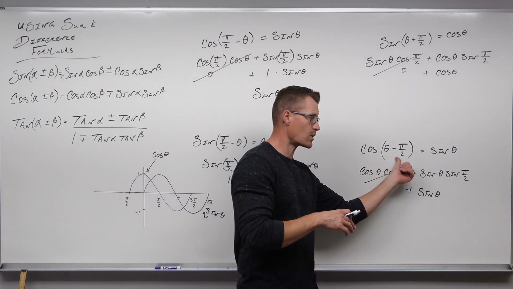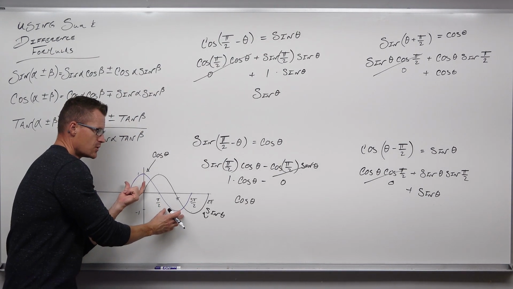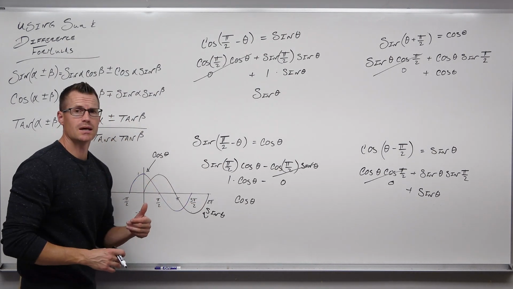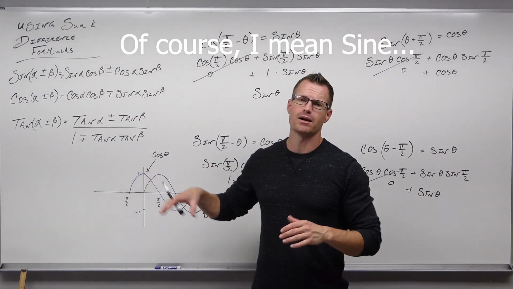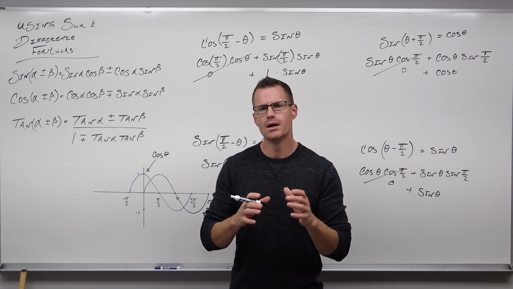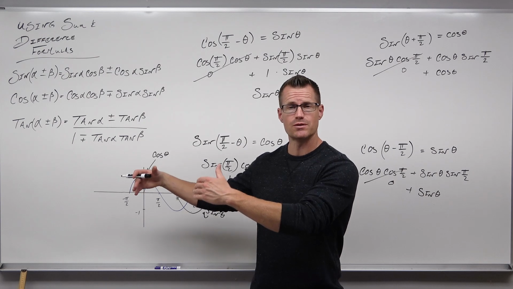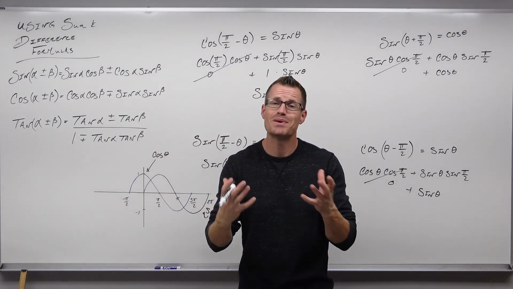Here's cosine, it's purple. If you shift it right pi over 2, you're going to get sine. This is like an algebraic proof that cosine and sine are just phase shifts of one another. They give you the same graph, but they're off by pi over 2. So you need to take cosine and shift it right to get sine, or likewise take sine and shift it left to get cosine. That should make sense.